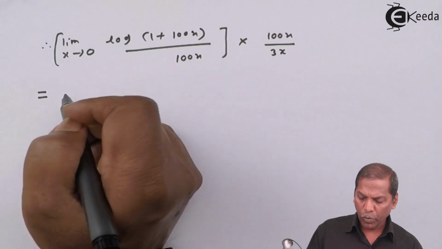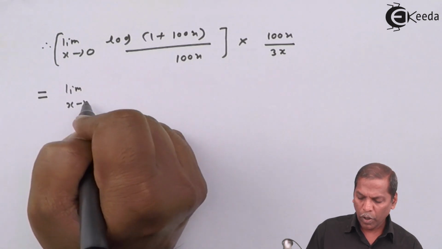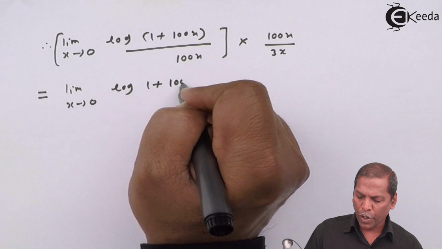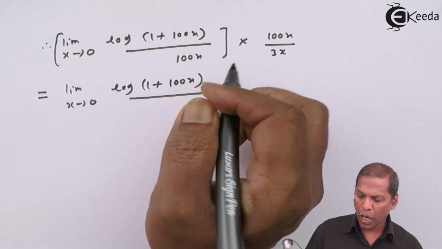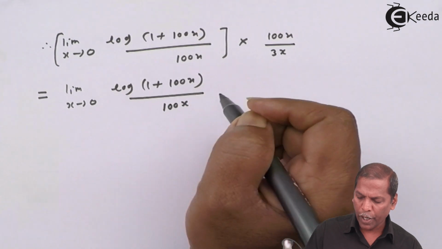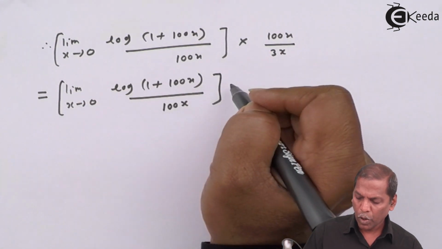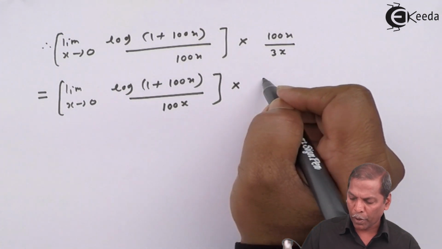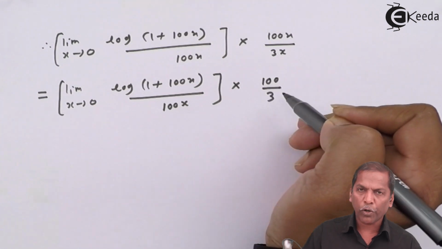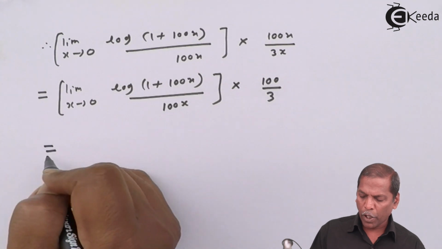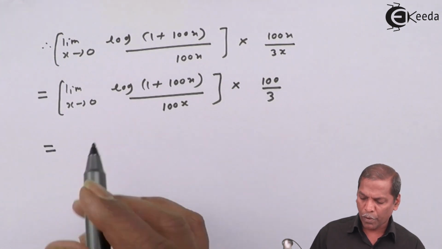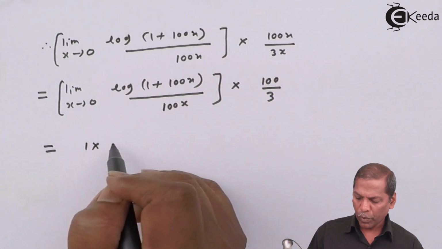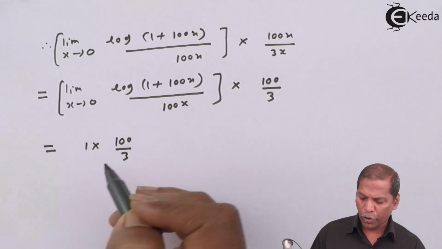So that equal to limit x tends to 0 log of 1 plus 100x upon 100x into, now here we cancel x from numerator and denominator, so we are left with 100 upon 3, and that equal to, now here the bracket gives answer 1 by using limits of logarithmic function, and into 100 upon 3.